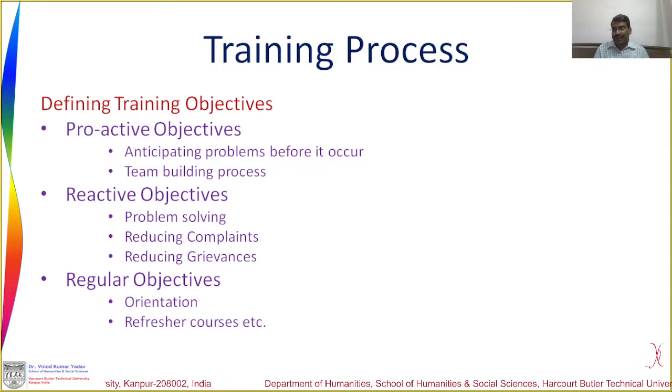So you have to react. If in the production department wastage is increasing, that is the problem. Now how to solve it? Whatever program you form, that program has an objective, and that objective is a reactive objective.